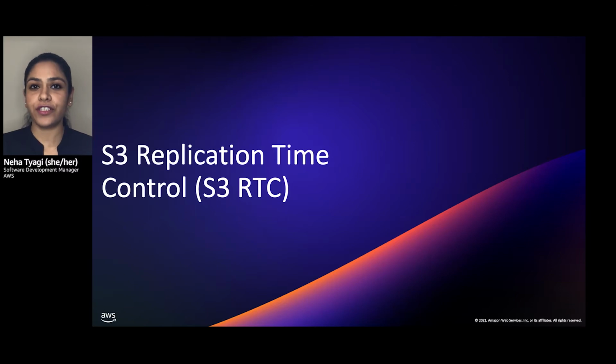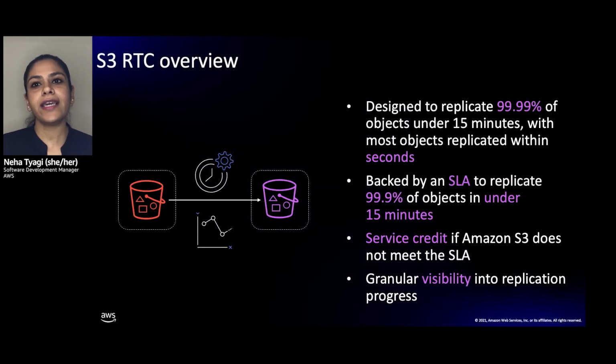So without further ado, let's talk about this important feature of replication called replication time control, or S3 RTC in short. S3 RTC helps you meet compliance or business requirements for your data replication.